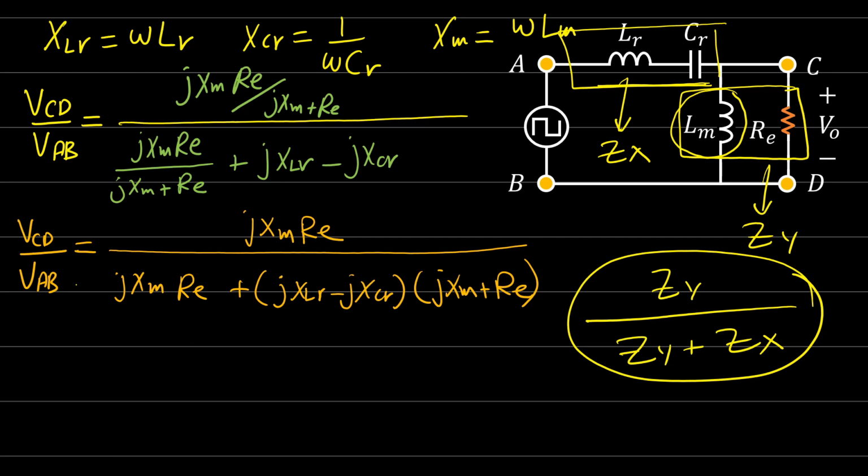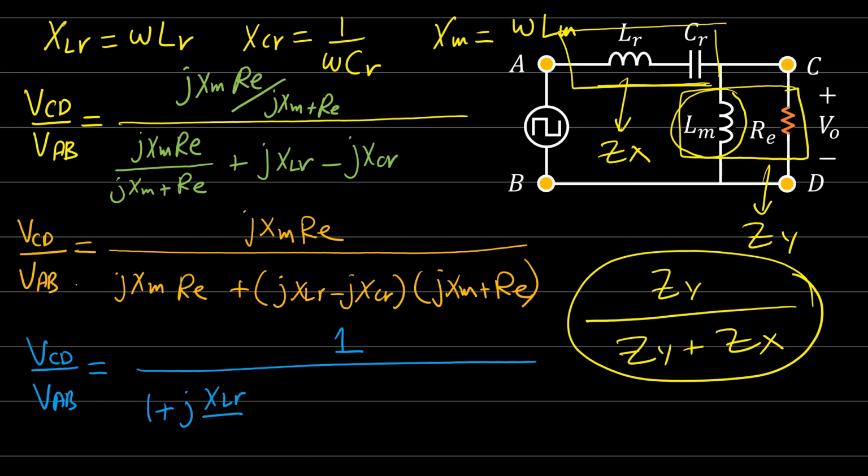Now divide by the upper term, and you'll find that VCD over VAB is equal to 1 over 1 plus jXLR over RE minus jXCR over RE plus XLR over XM minus XCR over XM. Again, take the imaginary part together and the real part together.